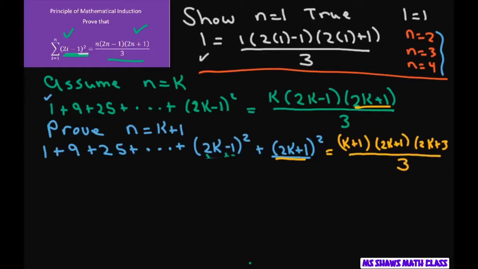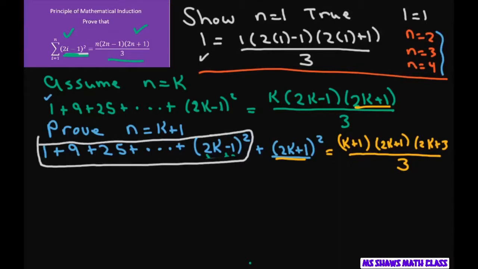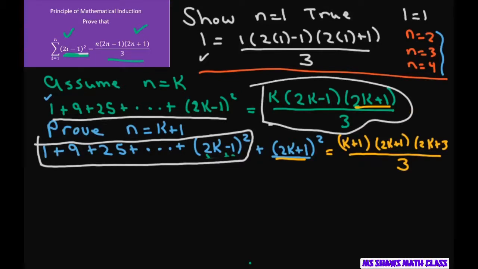All right, following that, we got to prove it. So we already know what this equals. So this part here is on our assumption line. This equals this. So copy that down.